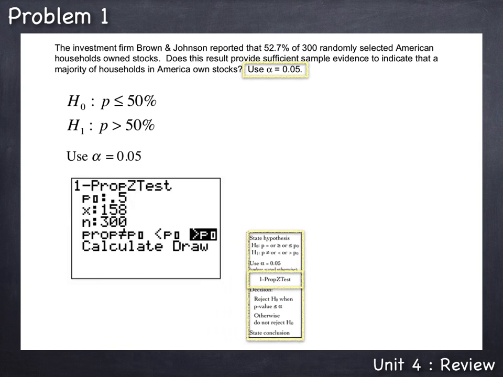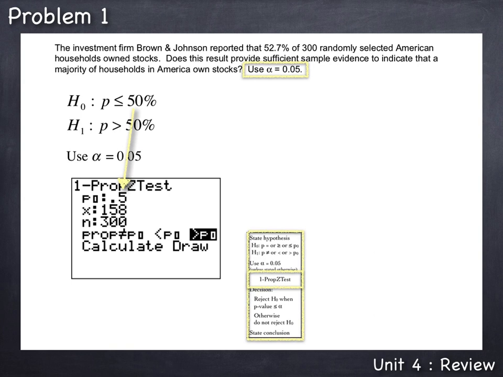On the one prop z-test screen, we have to enter the specific values the calculator needs to help us calculate the p-value. The first item the calculator is prompting us for is labeled p0, which is basically the calculator's notation for asking what the actual population proportion P equals in H0, the null hypothesis. In this case, we see in H0, P could equal the 50%.